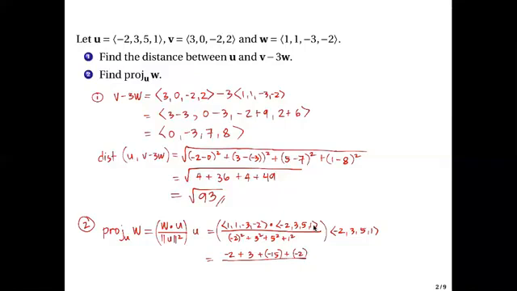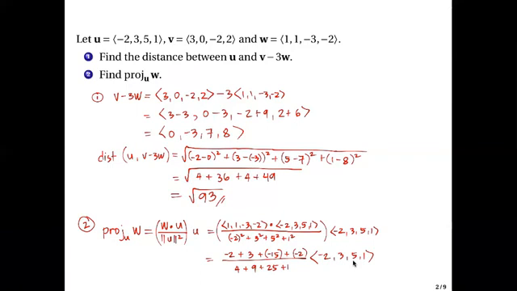For the denominator, let's get the squares. So you have 4 plus 9 plus 25 plus 1. And then we copy the vector negative 2, 3, 5, 1. You perform the addition in this fraction and then multiply it to each of the entries.